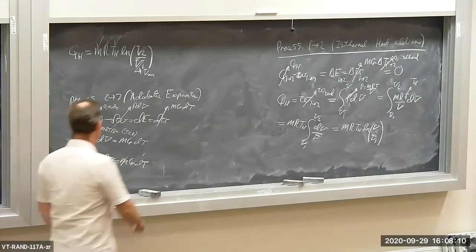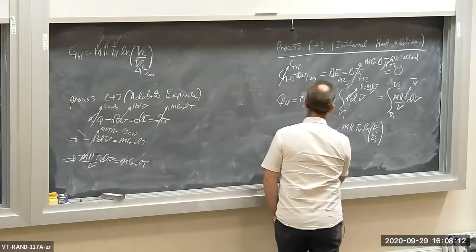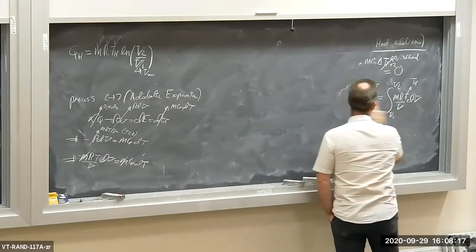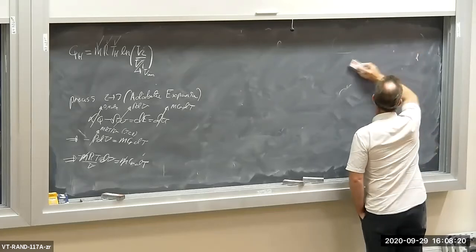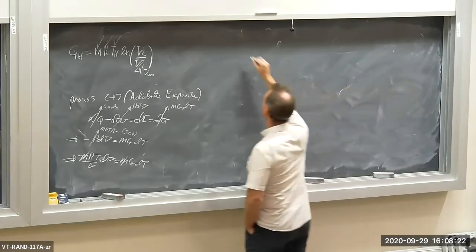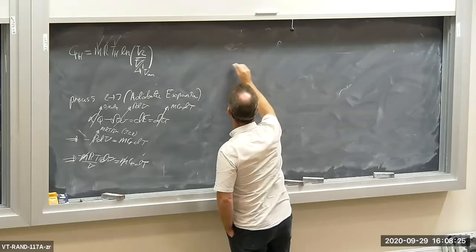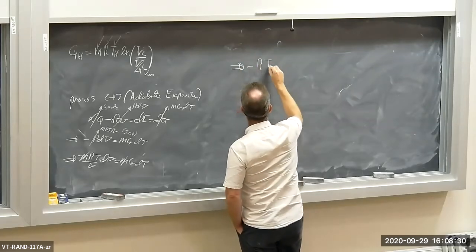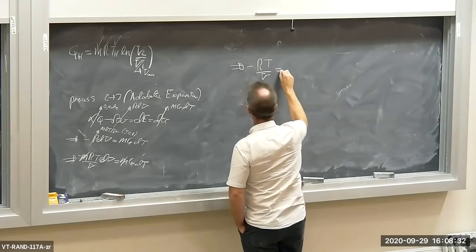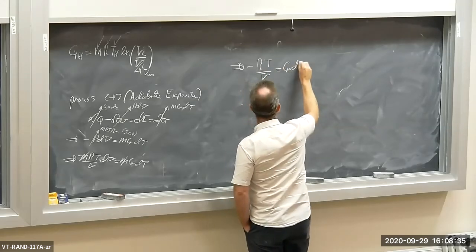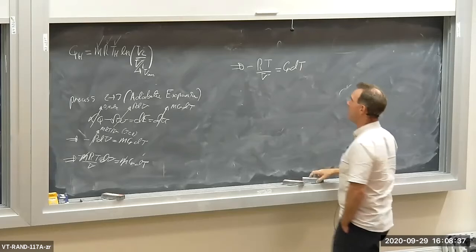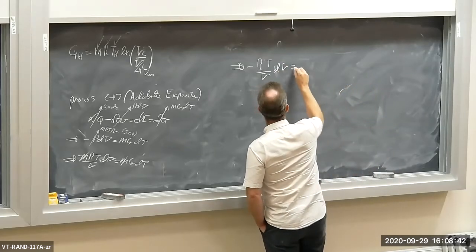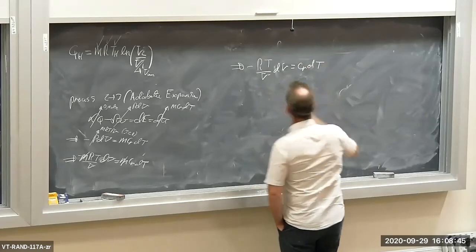And let's write what I got left over. I get negative RT over V dV equals CV dT.